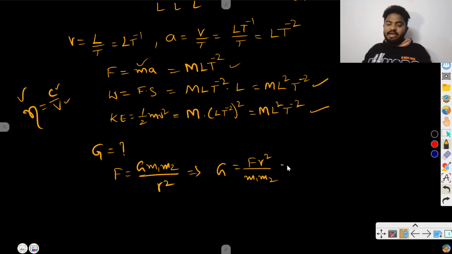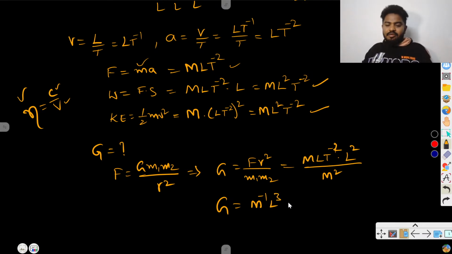The dimension formula for force is MLT^-2, and L^2 for r^2 and M^2 for the masses. From this, M^-1 L^3 T^-2. This is the dimension formula of G.